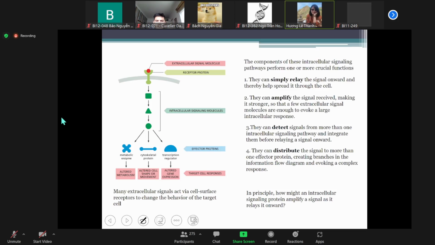And here many extracellular signals act via cell surface receptors to change the behavior of the target cell, through signal transduction. It affects the metabolic enzymes. It affects the cytoskeleton. It affects also the transcription regulators.